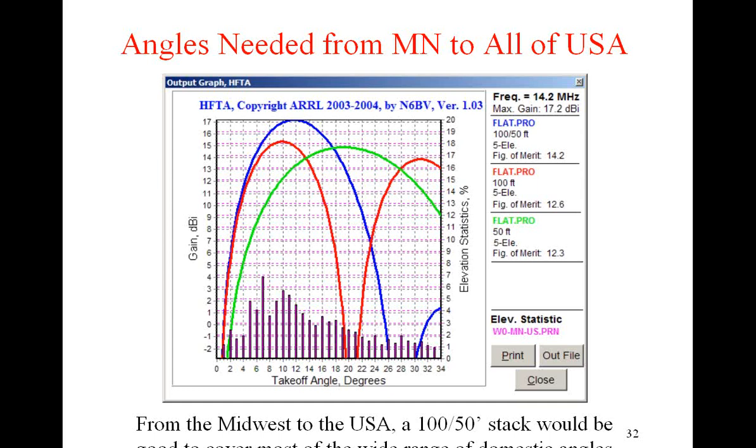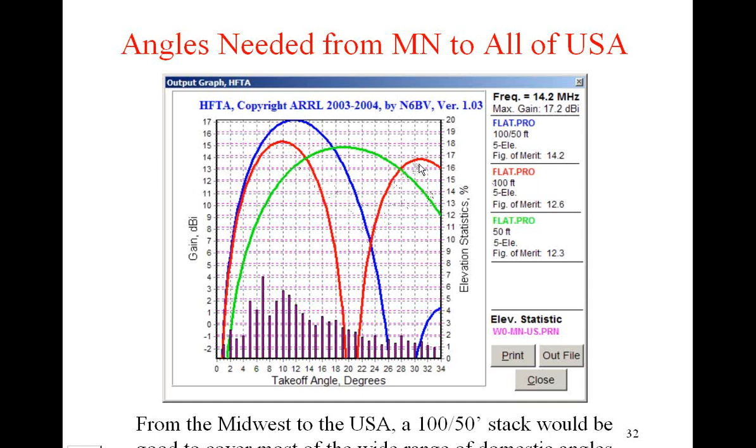Anyhow, from the Midwest of the U.S., a 50-foot high stack. In this case, this is the blue curve showing what happens on 20 meters with a 100-foot high antenna and a 50-foot high antenna in a stack. These are 5-element Yagis. This is the response for the stack for a single 100-foot high antenna, 5-element Yagi at 100 feet high over flat ground. This is the response.